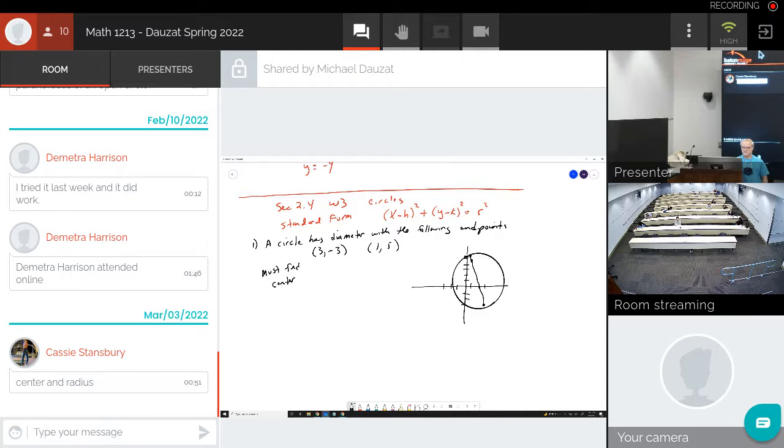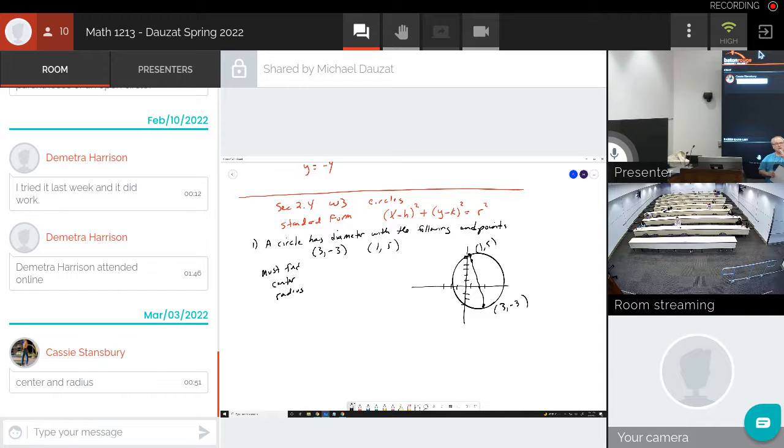The radius. You don't know any of that here. All you're given is that you have a circle that has a diameter with those endpoints. The endpoints being (1, 5) and (3, -3). So you have to find the center and you have to find the radius.